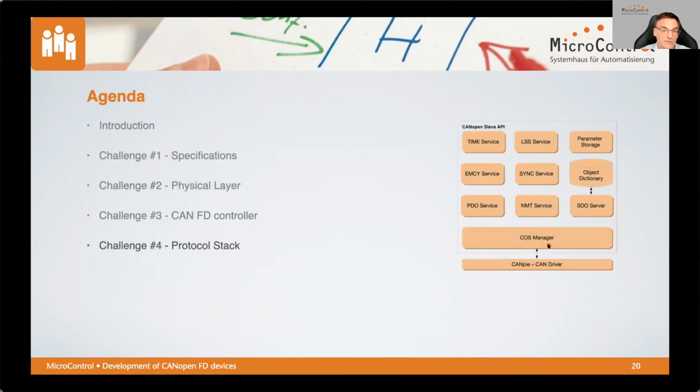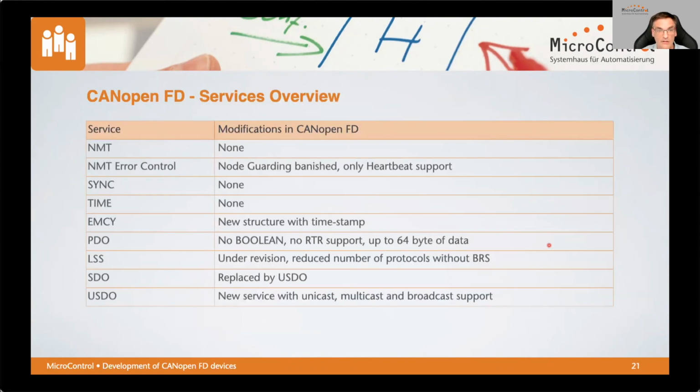Okay, now we come to the last challenge, challenge number 4, the protocol stack. If you already have an existing CANopen stack, you will notice from what has changed that there's not much to do. Rainer and Oscar already gave an overview. For most of the services, nothing has to be changed.